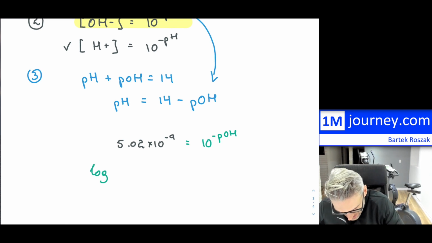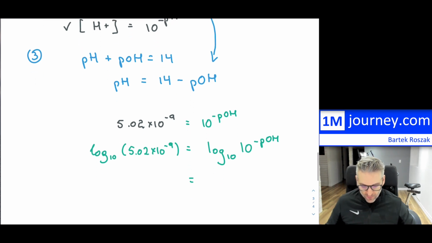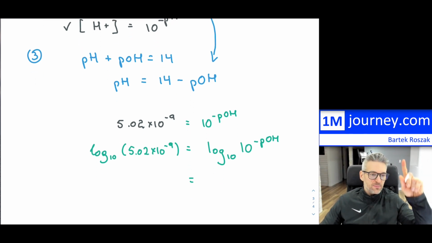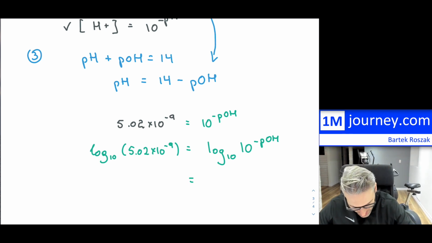So log base 10 of 5.02 times 10 to the negative 9 is equal to log base 10 of 10 to the negative pOH. As you recall, from the log properties, and I can put up a link above to log properties in case you want to review, the log and the base will fall off entirely.